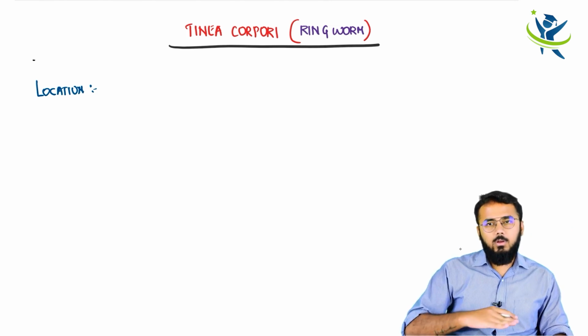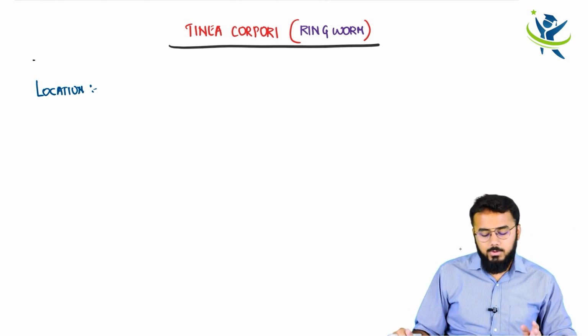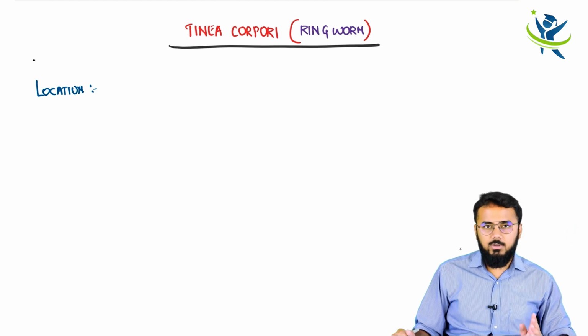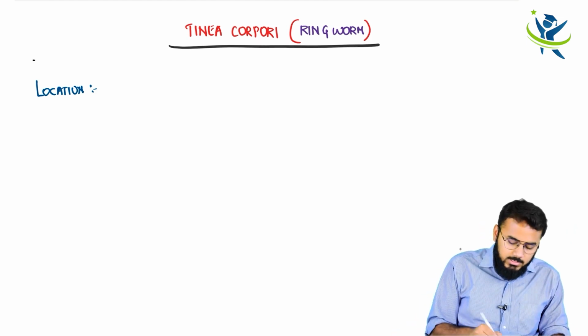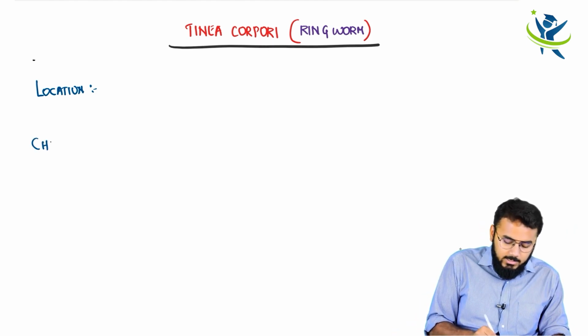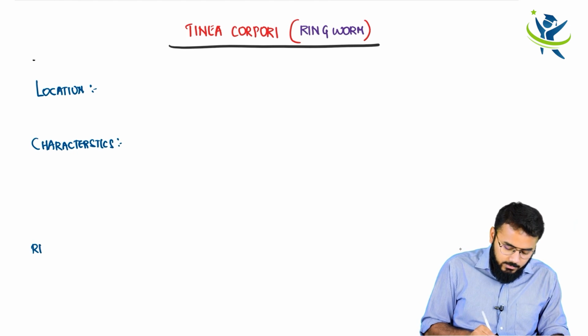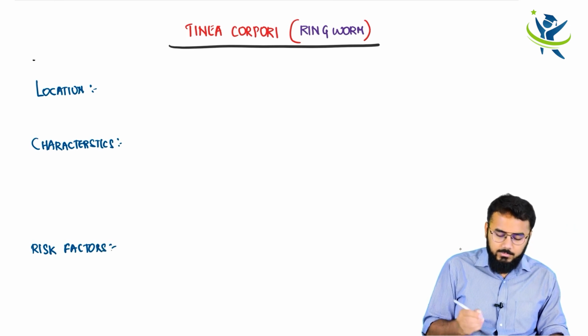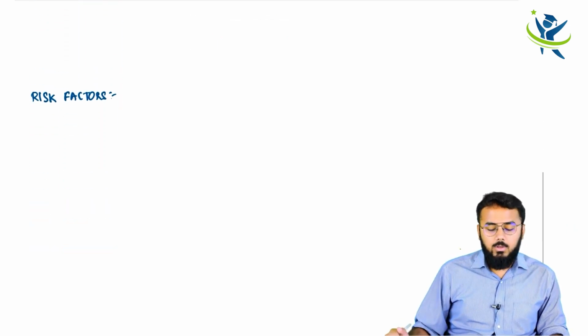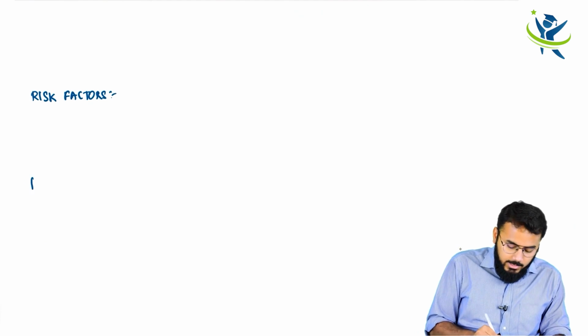Second, all these worms cause infections and rashes, so we should also discuss the characteristic features of the rash. Next, we should discuss the risk factors and the treatment plan.